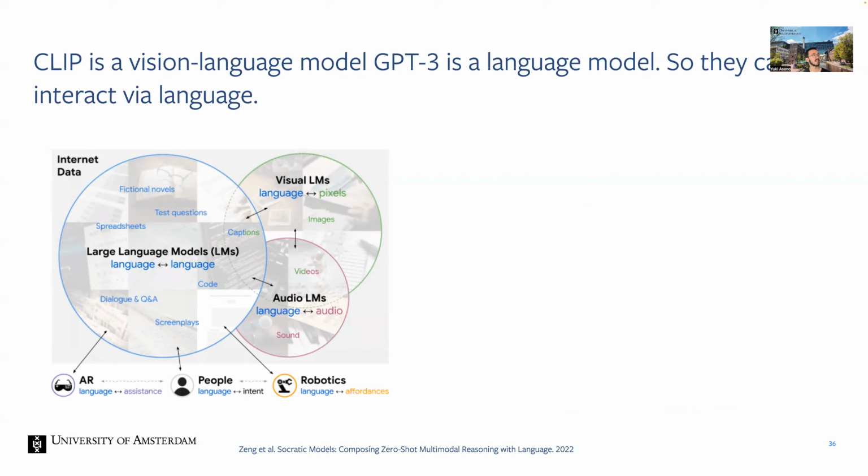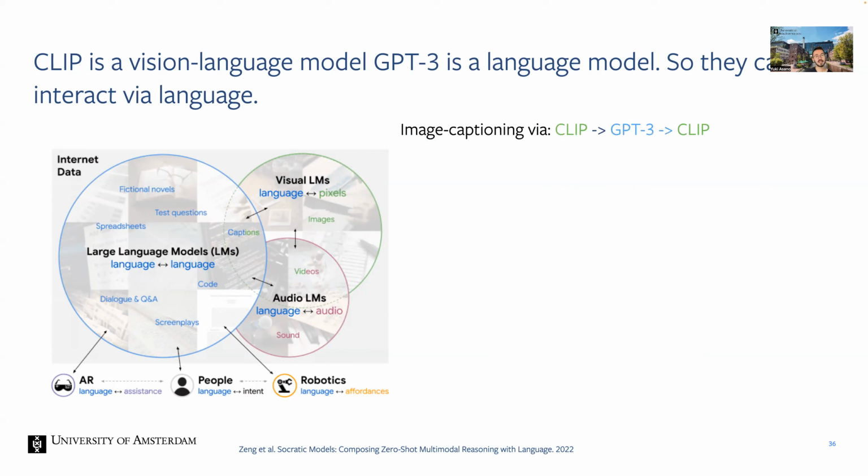It basically uses language as a common language between multimodal models. So if you have an audio-to-language model, a language model, and a language-to-image model, then you can basically go all the way from audio to image if you wanted to.